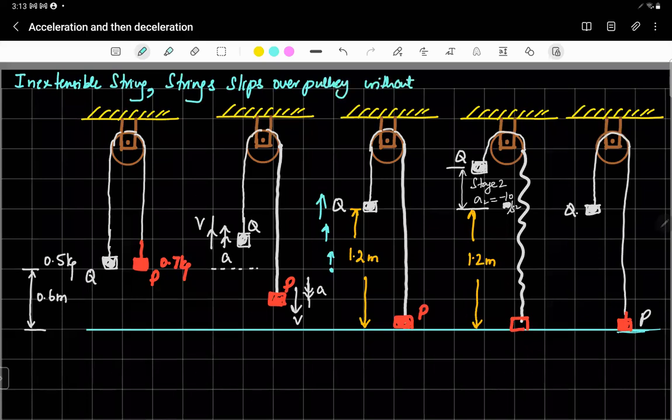And there are zero resistive forces or air resistance.